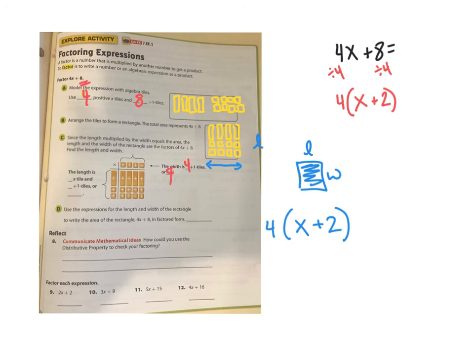And then the length is 1x tile, and this is where the 2 of the 1 tiles are, or x plus 2. So I would do this times that, 4 times x plus 2, to get the distributed out version.